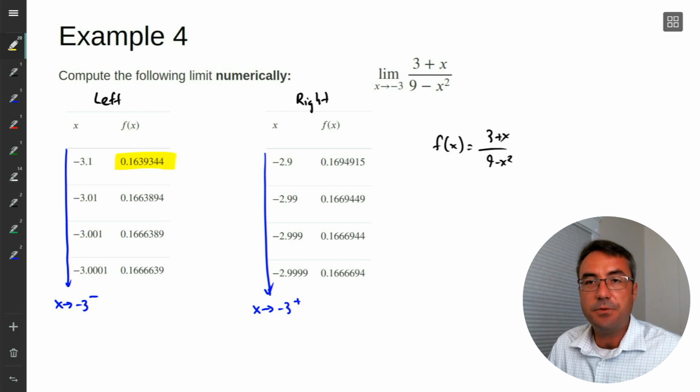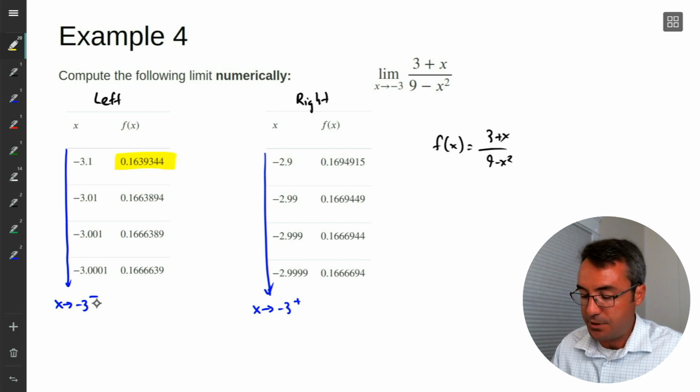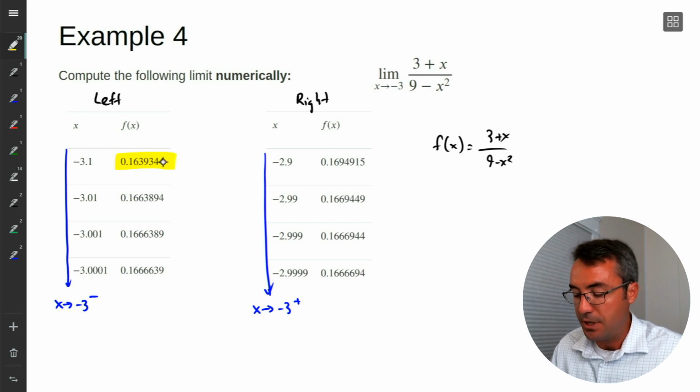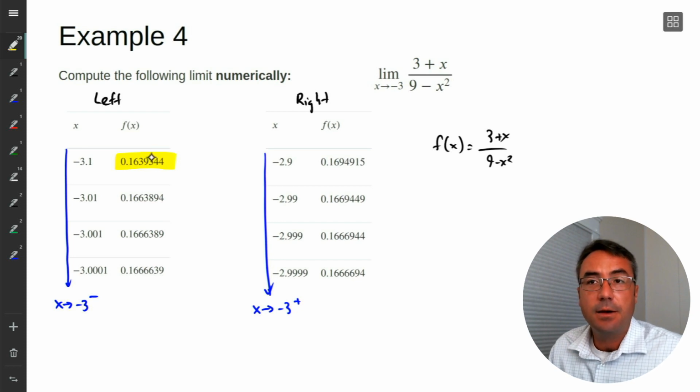All right, so once we've filled everything in, we have our inputs, we have our corresponding outputs, we want to identify what behavior is going on here. Does it look like these values are approaching one specific number? And I would say, in the case of this left table, yeah. So notice that we start with 0.16 and then some other stuff.